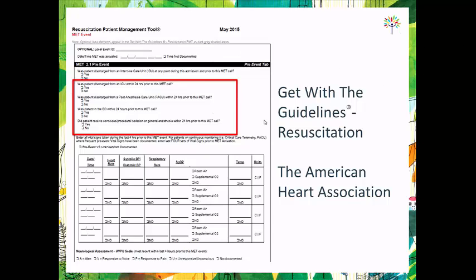What was interesting in here, some of the pre-MET metrics that I haven't seen reported very often in the paediatric literature: was the patient discharged from ICU within 24 hours prior to the MET call? Was the patient discharged from a PACU within 24 hours prior to the MET call? Or was the patient in ED within 24 hours prior to the MET call?